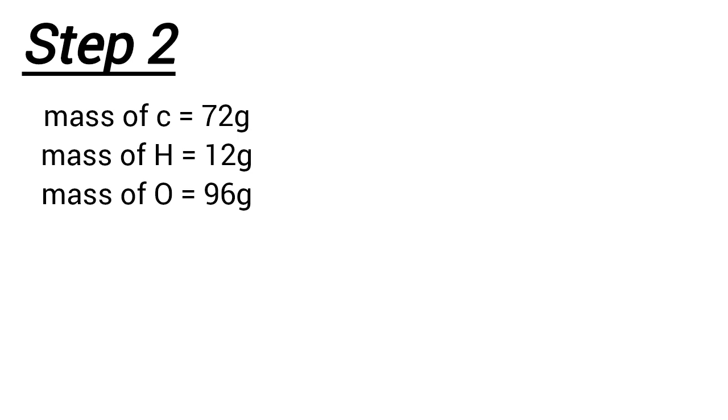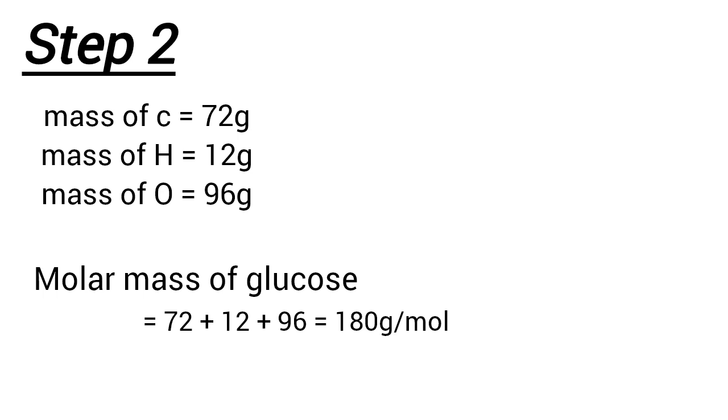So to find the molar mass of glucose, we add the mass of carbon, the mass of hydrogen, and the mass of oxygen. So that is 72 plus 12 plus 96, and that is 180 gram per mole.